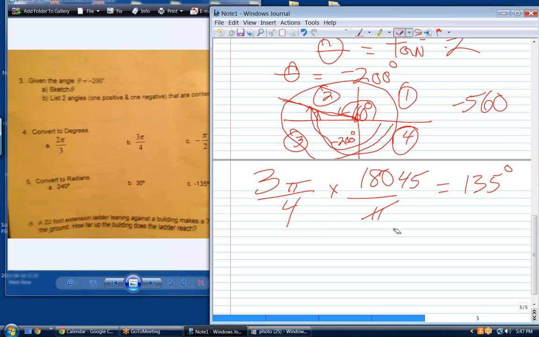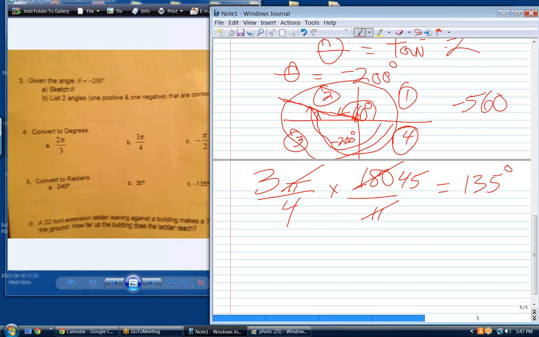You'd probably have multiplied 3 pi by 180 and then divided the whole thing by 4 pi. But always simplify, because if you're using a calculator it doesn't matter, but you're not always going to be using calculators. You're going to have tests where you can't use the calculator, and doing these simplifications really helps.